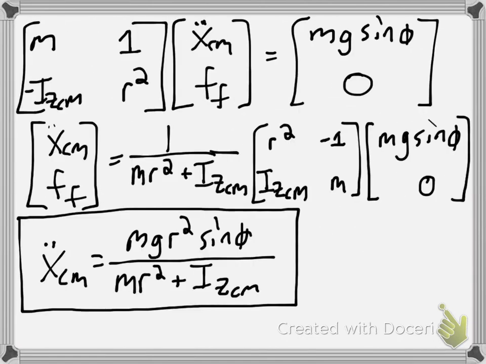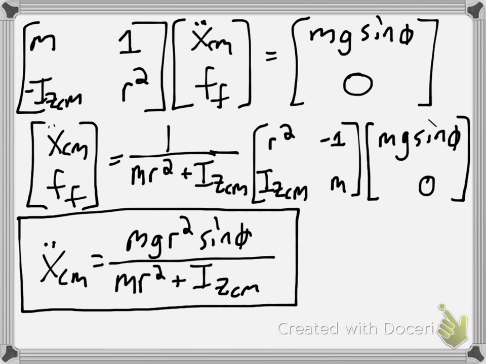We could also look at a specific acceleration. For example, the disk has an IZ center of mass of 1/2 mr squared. The mr squared would cancel in all terms. We'd have 1 plus 1/2, so 3/2 in the denominator, and 1 g sine phi in the numerator. 1 divided by 3/2 is 2/3, so we'd have 2/3 g sine of phi, which is going to be small.